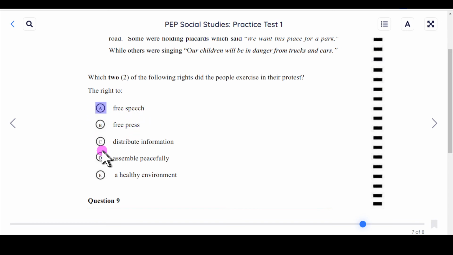Distribute information, not the way we would want it here. Assemble peacefully, yes. A healthy environment, not what we're looking for. So the two I would pick for this would be free speech and the right to assemble peacefully. Again, the big idea here is the concept of citizenship. And you can go to pages 107 to 112 to see some of the rights and responsibilities of citizens.